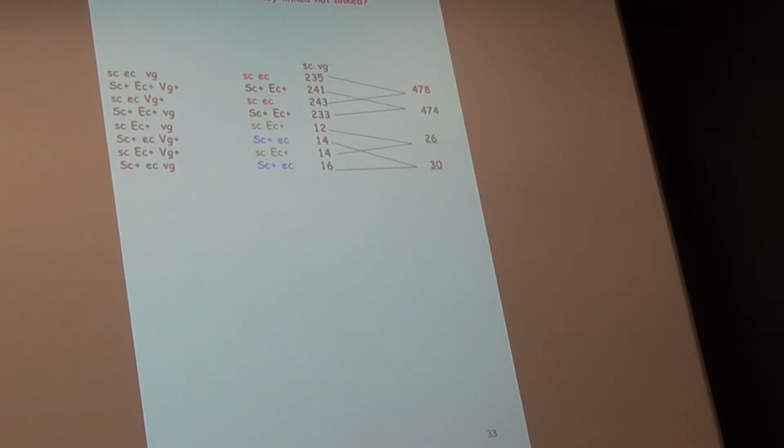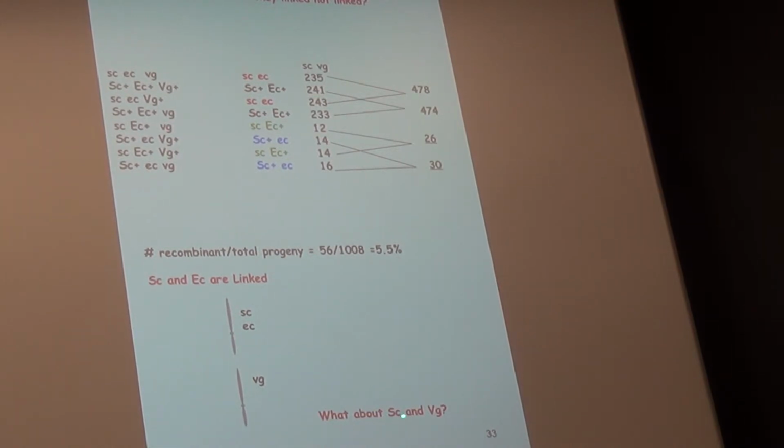And you can see immediately that these numbers are not unlinked. These are linked genes. And so you can say SC and EC are linked genes. Correct? Because here is the parental class, 478, and here is the recombinant class, it's only 26. And you can calculate the distance between them, and then it's 5.5 map units. And you can say SC and EC are linked. So SC and EC are linked.